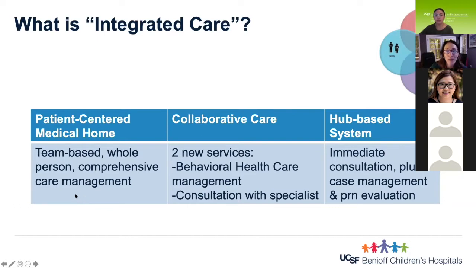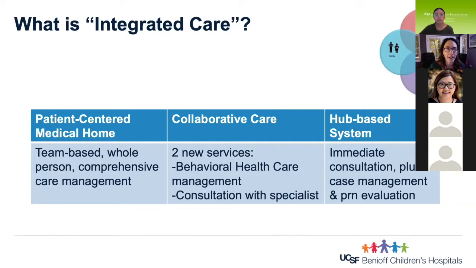They usually provide comprehensive care management, coordination, and follow-up. And they also offer patient and family support and referrals to community and support resources, and with the intention of health promotion.